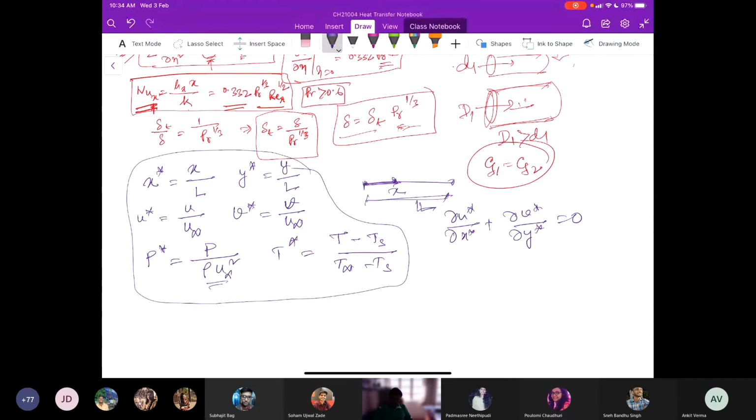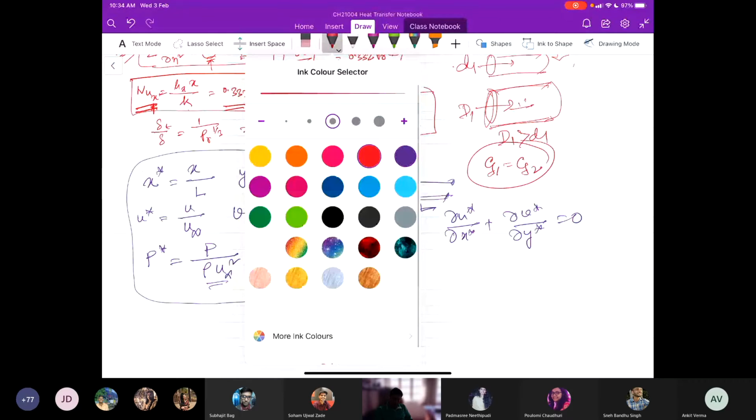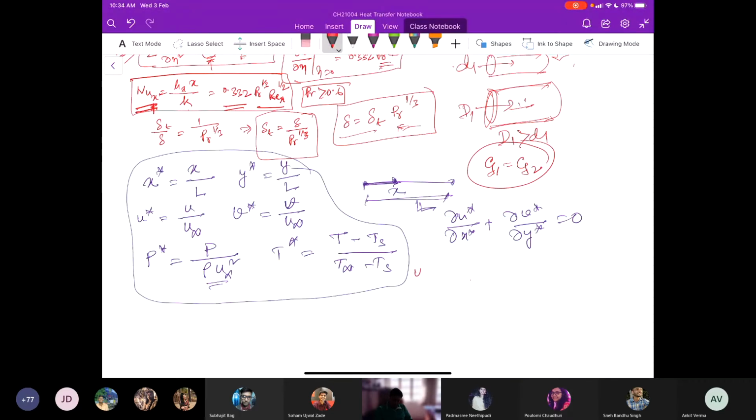Okay, the momentum equation would look like, plus V star, is equal to, here is 1 by Reynolds number.